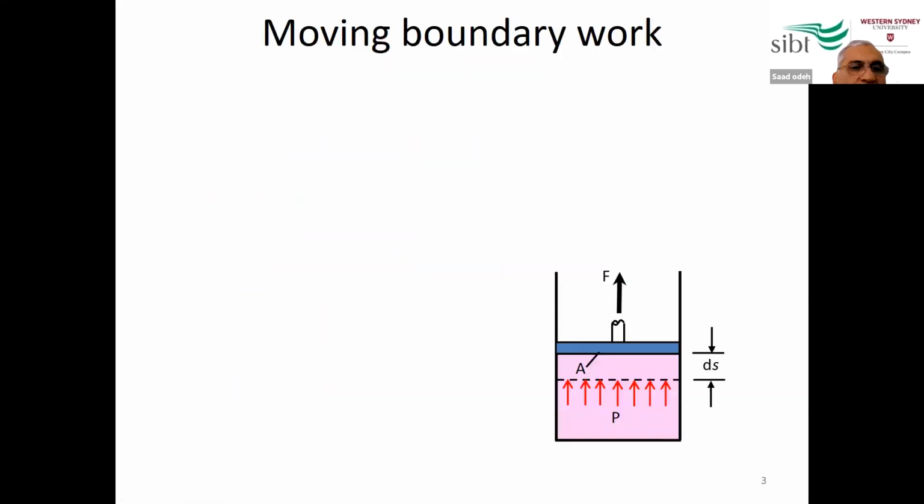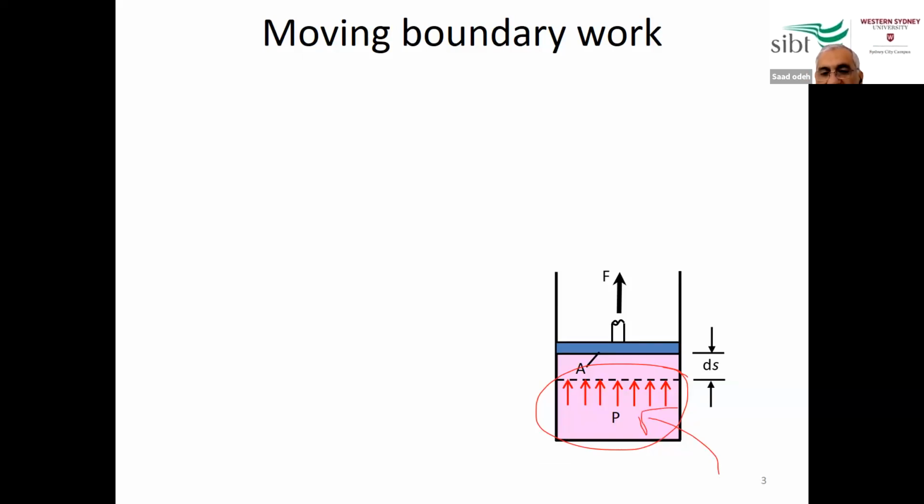But the first thing we need to know is the moving boundary work. So what do we mean by moving boundary work? If you look at this figure, which is the traditional piston and cylinder system, we have air enclosed inside the cylinder. And for any reason, let's say I provide heat to this air, then what's going to happen?